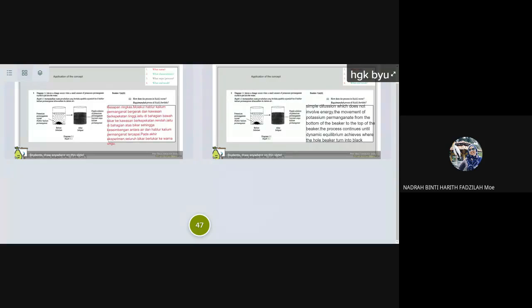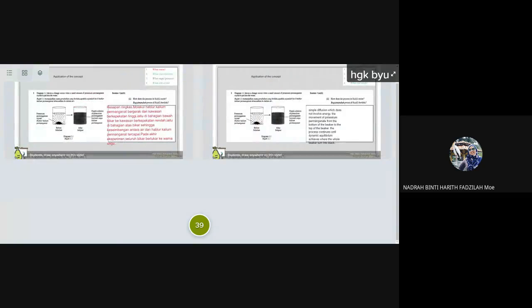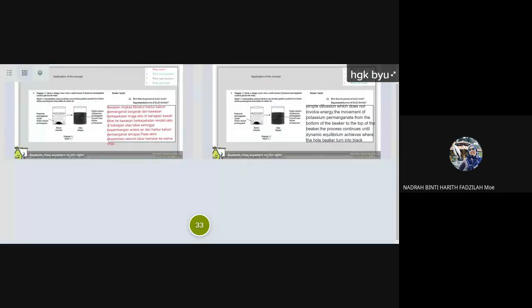Soalan ni saya memang ambil dari soalan SPM sebenar lah. Okay, hopefully it gives you a glimpse of how the topics that we are learning right now is applied in the context of exam. Kan dalam konteks exam macam ni kita apply.